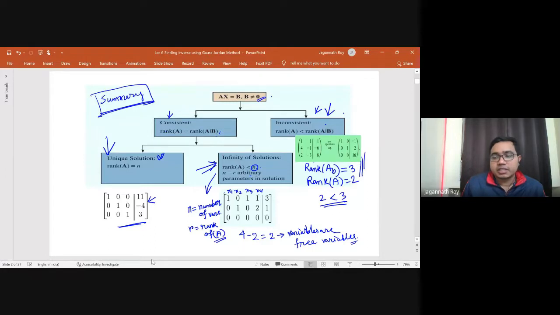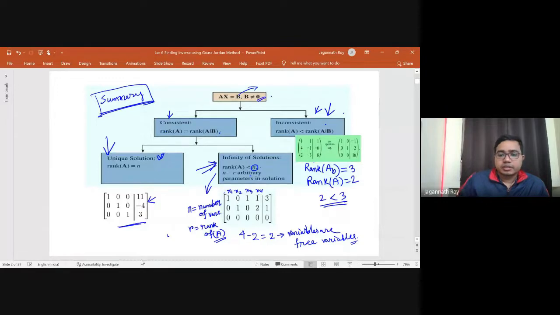So these three cases we have observed. But remember, the right hand side was a non-zero vector.